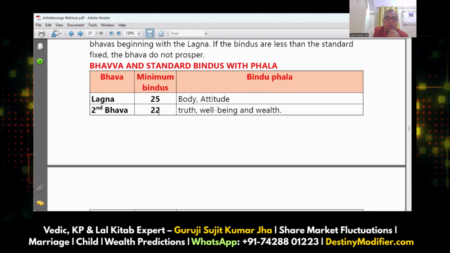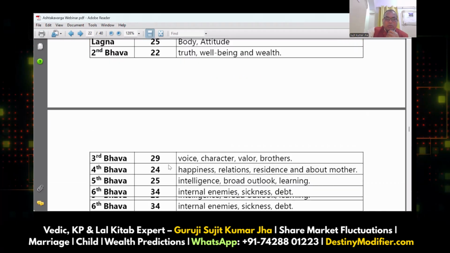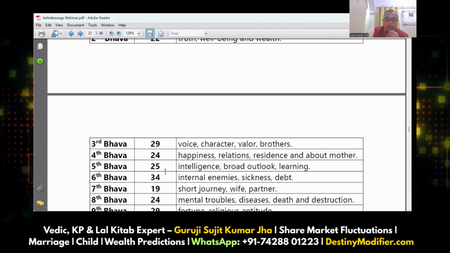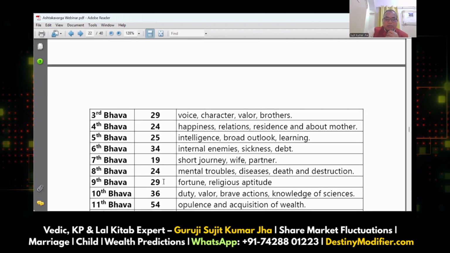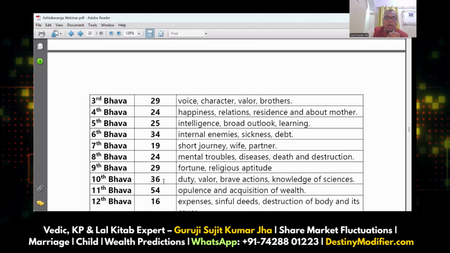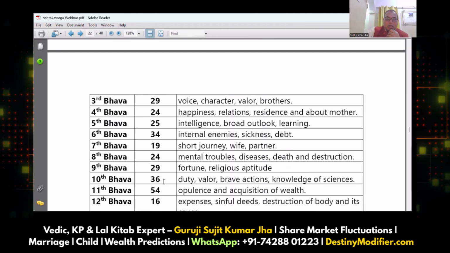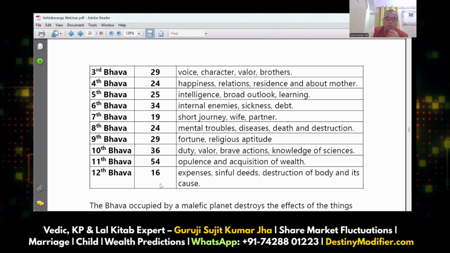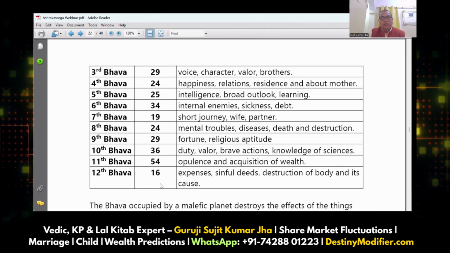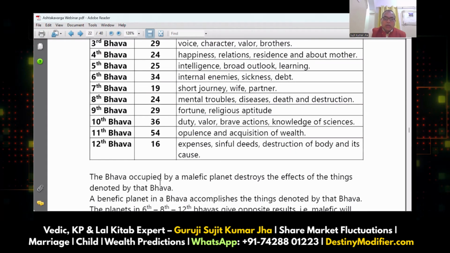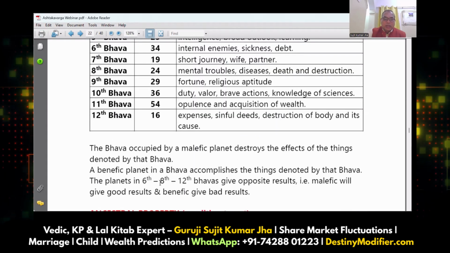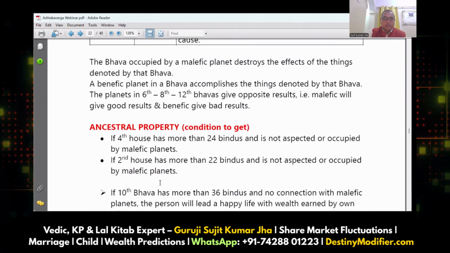The second house is given 22 points, which is the minimum. Any bhav with fewer points than this is weak. If more than this, the bhav has strength, and gives all its karakatva results to the native.